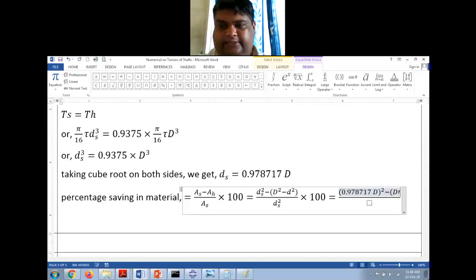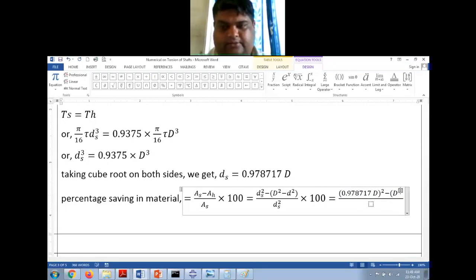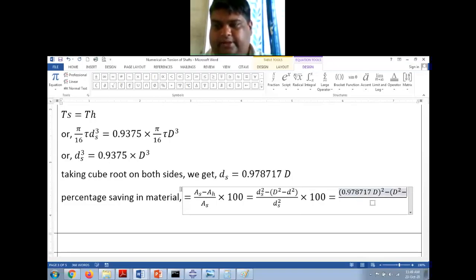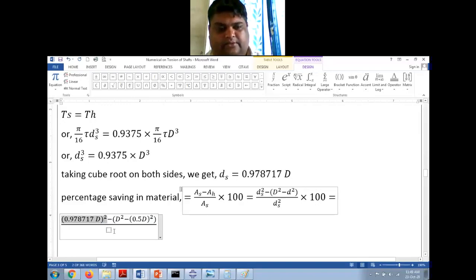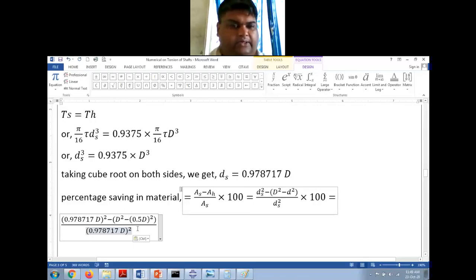So just write it as it is, minus D square is 0.5 D, right? So 0.5 D whole square. So that is my numerator, and the denominator will be just this, right? Now you have to calculate this.